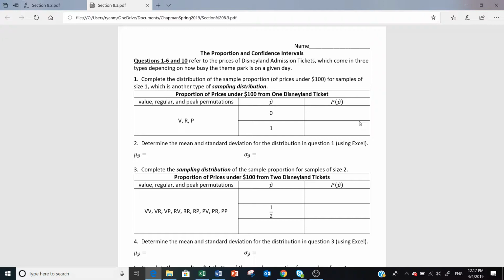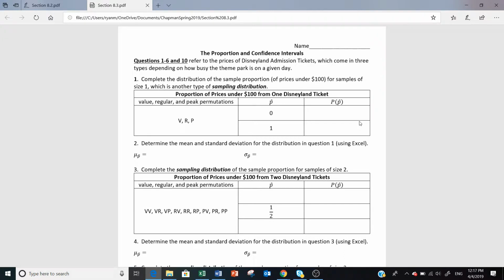So this one is 1 value under 100 out of 1 value total, which would be 1. This would be 0 values under 100 over 1 value total, which would be 0. So 0 values under 100 over 1 value total would be 0. So 2 values are 0 and 1 value is 1.